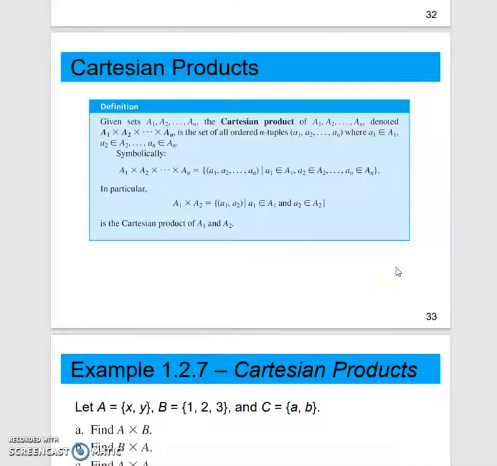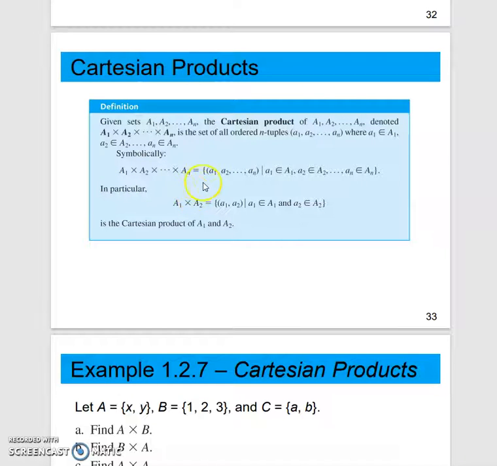All right, let's now look at a Cartesian product. We are going to put this little X symbol, and we generally read that as cross, so that we make sure that we are not talking about multiplication, because that is different. So if we have A1 cross A2 cross all the way up to A sub n, that is a Cartesian product.